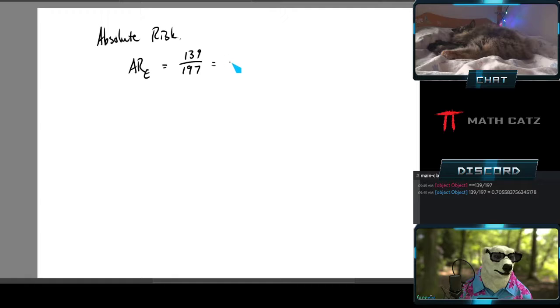So we get 0.7058, I'll say 558. So 5.6. That will lead us to 70.56% rounded. I just want a couple of decimals in my percentage, let's say 2 decimals, so I'll use 4 decimals in the decimal version.